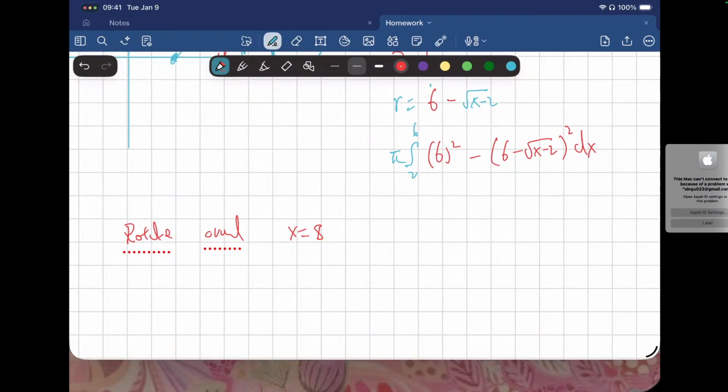This one is probably one of the harder ones.